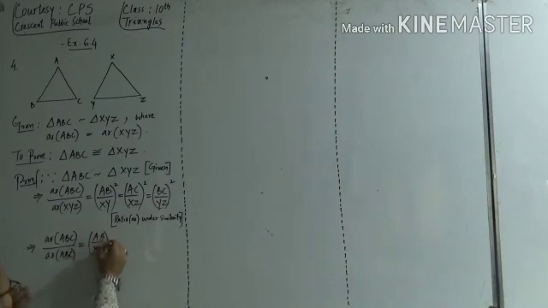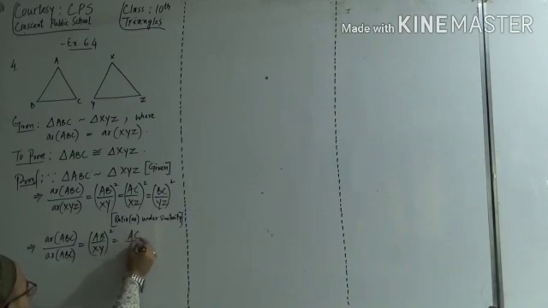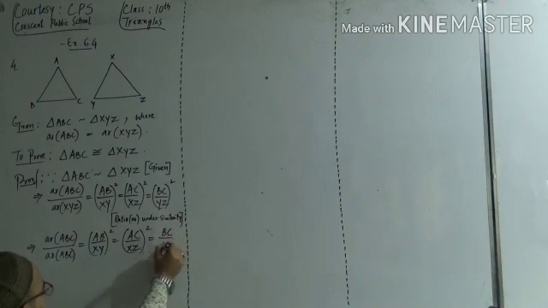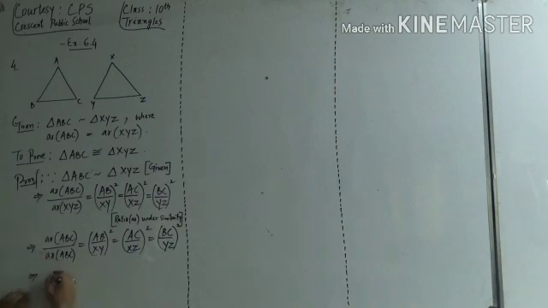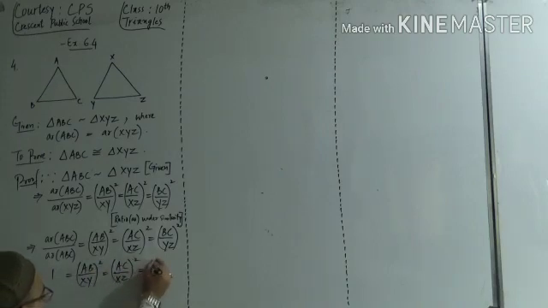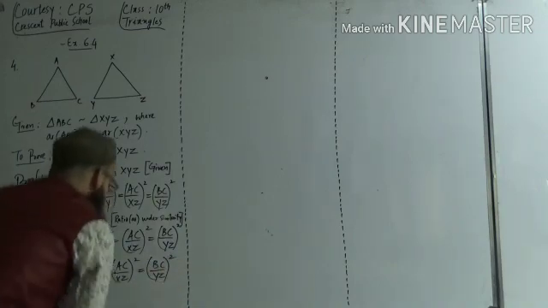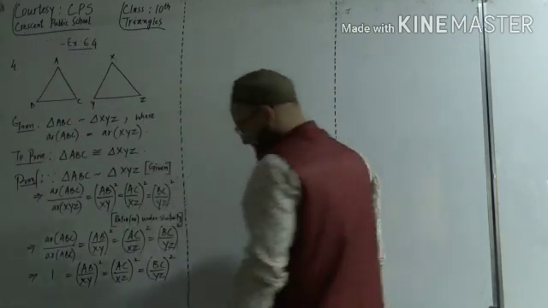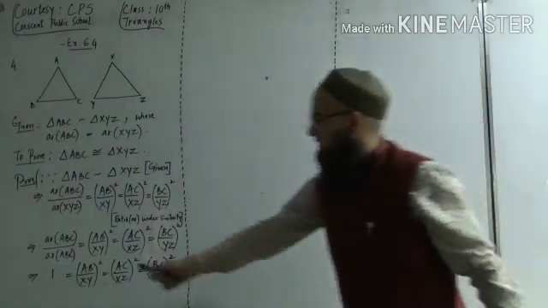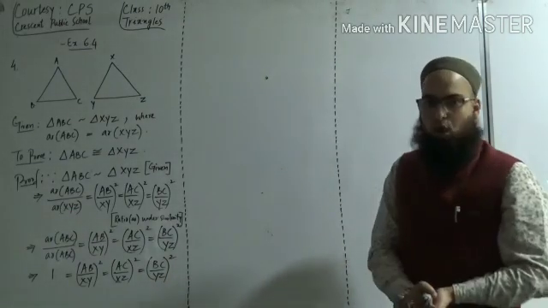AB by XY whole square is equal to AC by XZ whole square is equal to BC by YZ whole square. Now, this is nothing but 1 is equal to AB by XY whole square is equal to AC by XZ whole square is equal to BC by YZ whole square. Got that? Now what I'll do, these are all distances, so taking square root throughout.